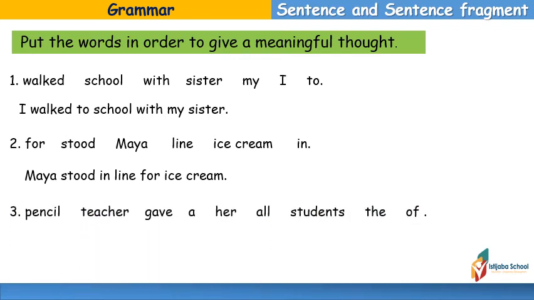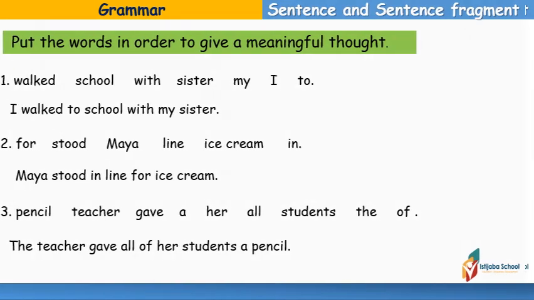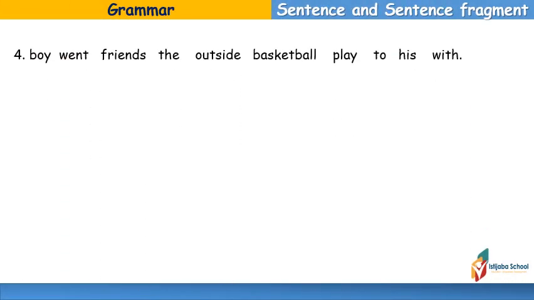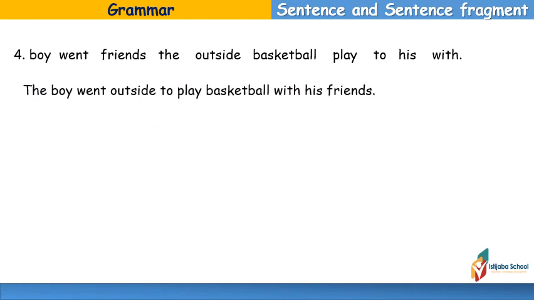Number three, pencil teacher gave her all students the of. The teacher gave all of her students a pencil. Number four, boy went friends the outside basketball play to his with. The boy went outside to play basketball with his friends.